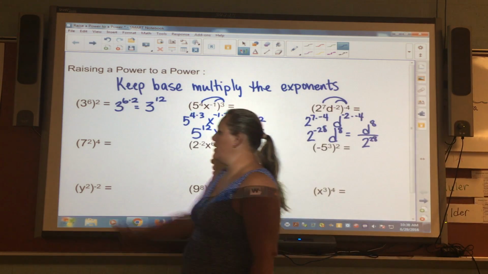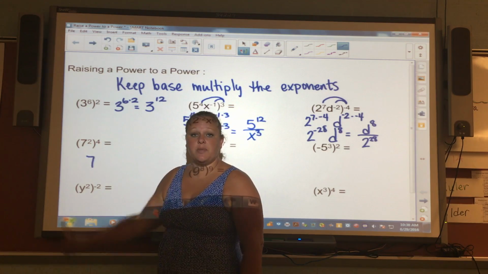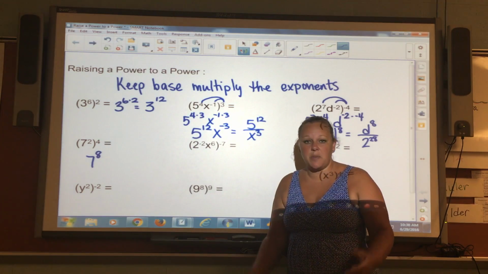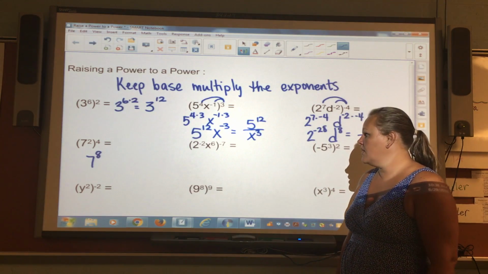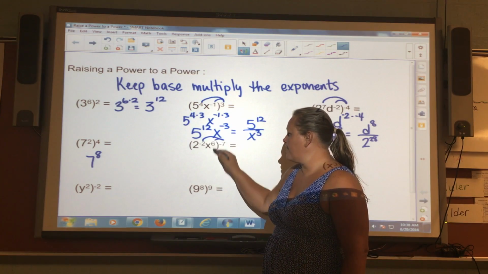All right, so this one, we're going to keep the base 7, and we're going to multiply. 2 times 4 is 8. It's a positive exponent, so it's going to stay where it is. This next one, we are going to distribute the -7 to everything.